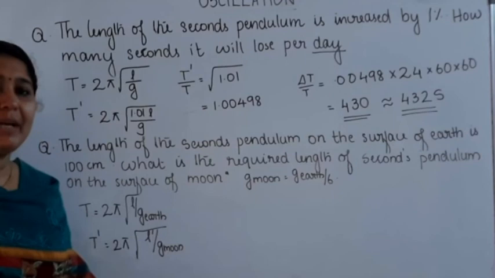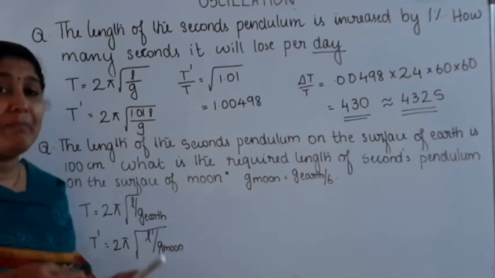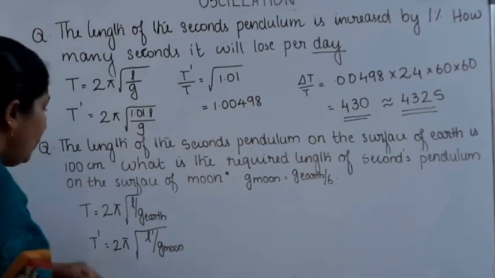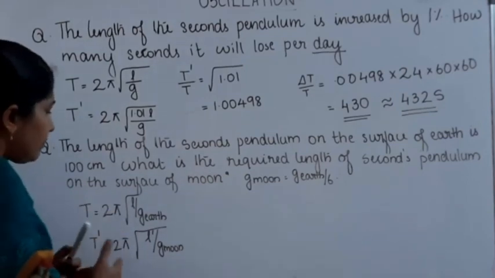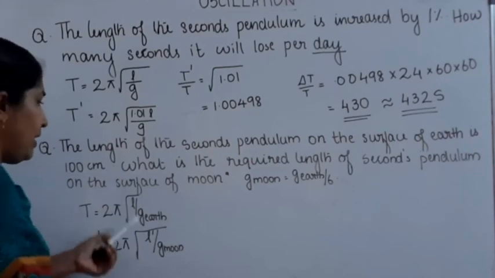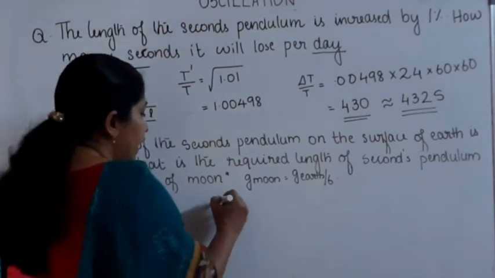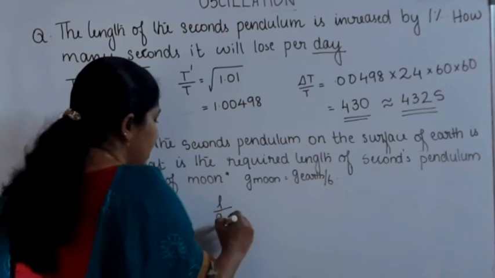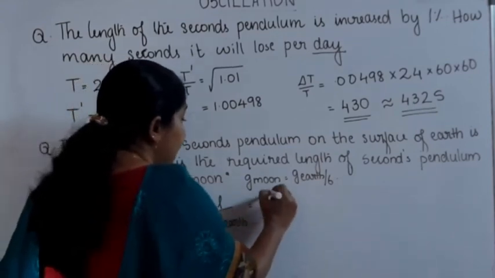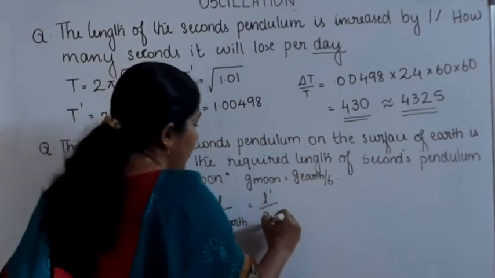The time period becomes equal to 2 seconds itself. So T' is equal to T, and we can equate these two equations: L divided by g earth is equal to L' divided by g moon.